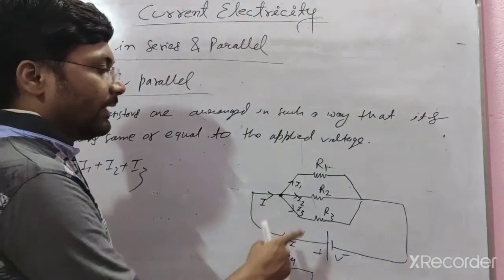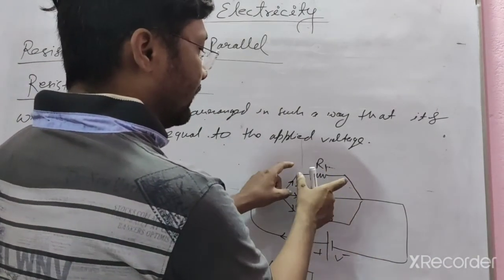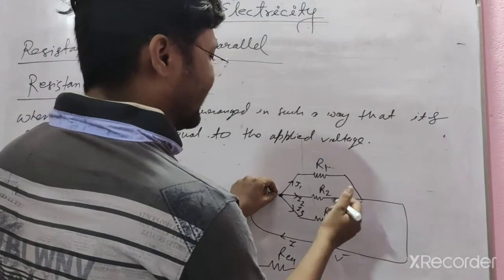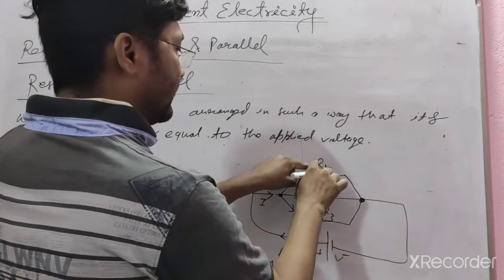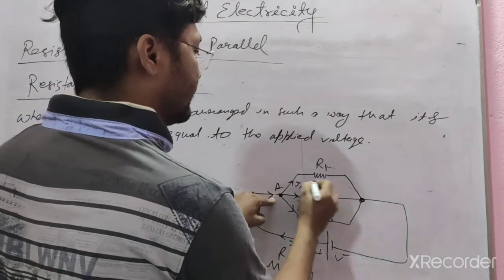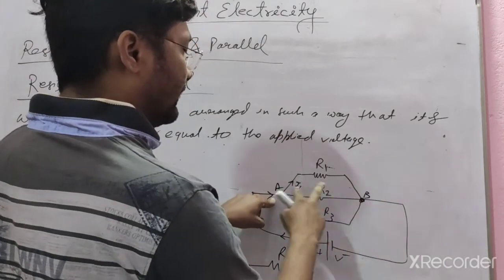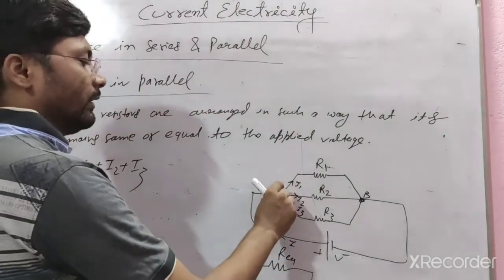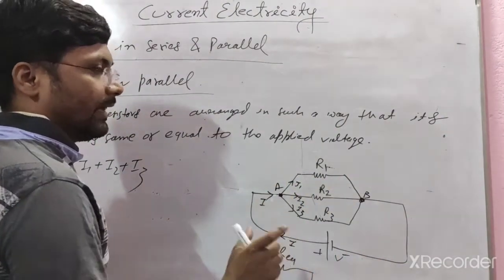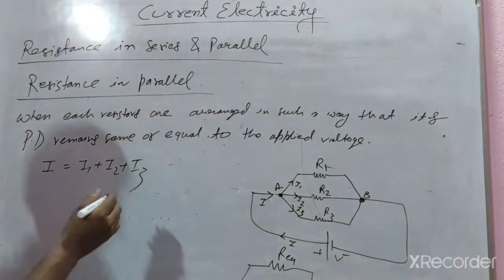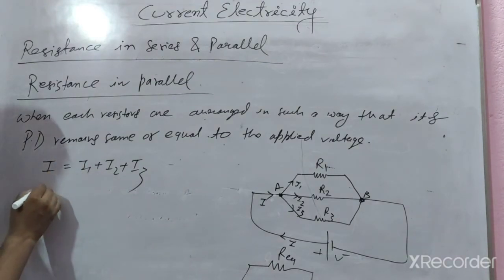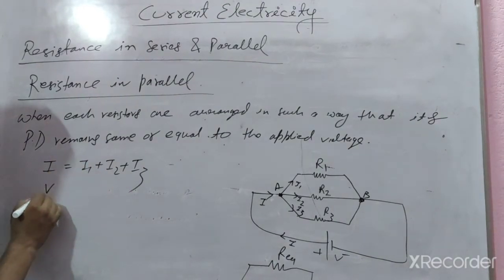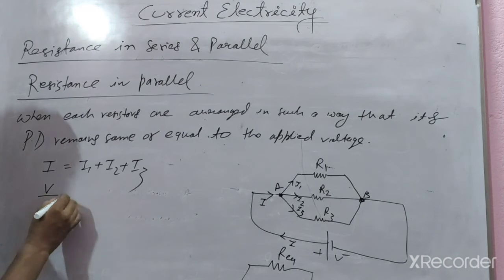Again I am telling you that in case of parallel combination, the common end of each resistor is the same. First resistor, its common ends are A and B. Second resistance has A and B. For the third, it is A and B. Their common end points are the same. Now applying Ohm's law, I equals V by R equivalent.